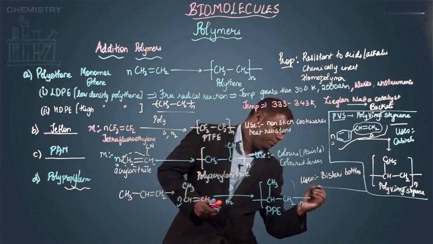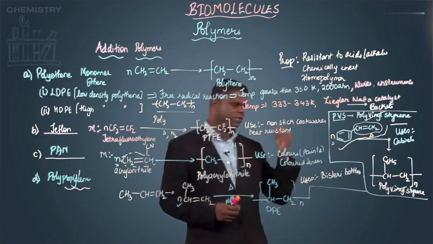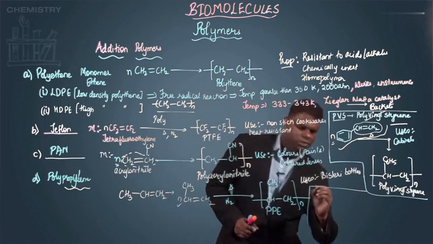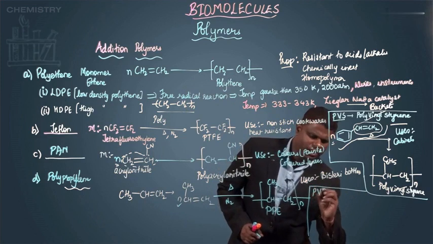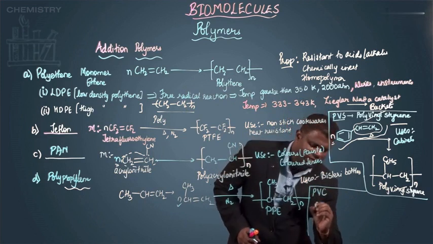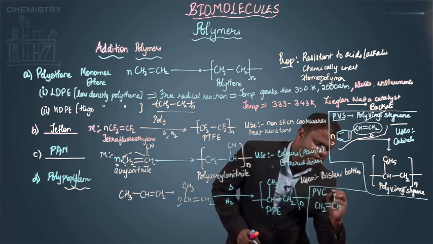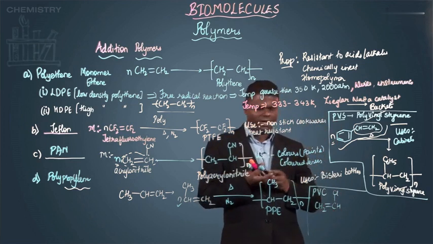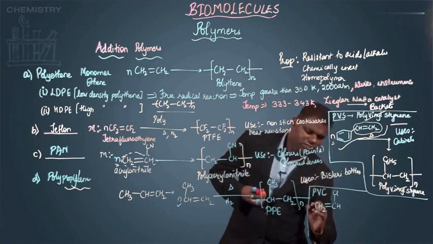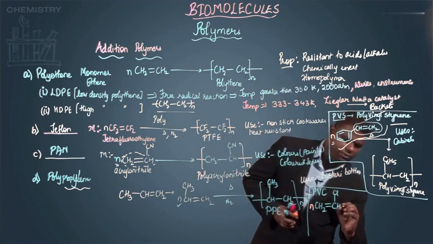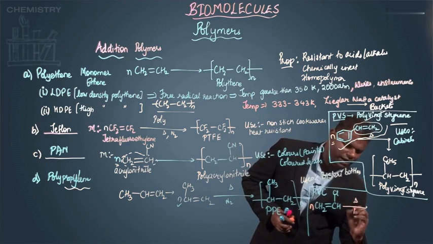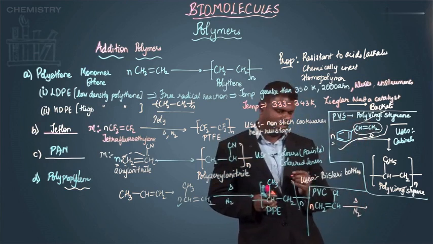Okay, then the next polymer is going to be something which we have been using in pipes. So it is polyvinyl chloride. So the structure of vinyl chloride is CH2 double bond CH, and then you have a Cl. So now let's try to write down the polymer. So n such molecules, and you have delta, you have N2. So now what exactly happens?